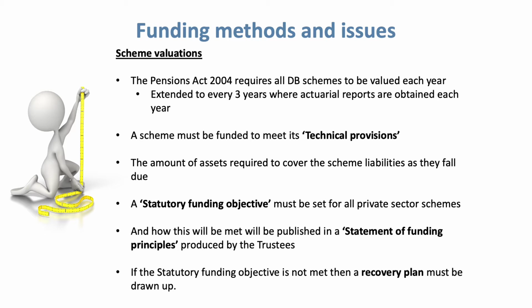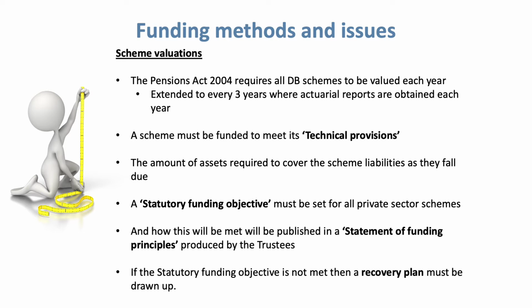A statutory funding objective must be set for all private sector schemes. In other words, a statutory funding objective is going to be determined, and that needs to be shown and published in a statement of funding principles that the trustees will produce, and that will be shown to the firm. If the statutory funding objective is not met, then a recovery plan must be drawn up.